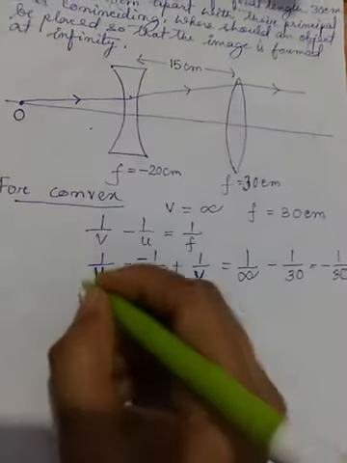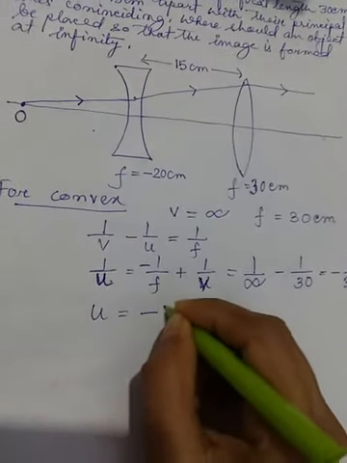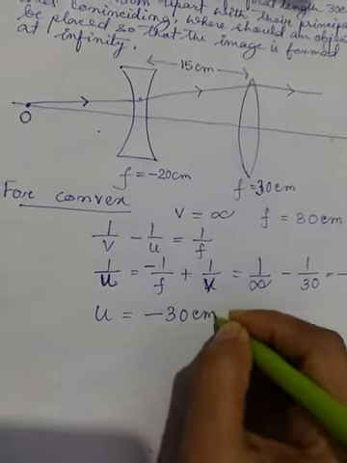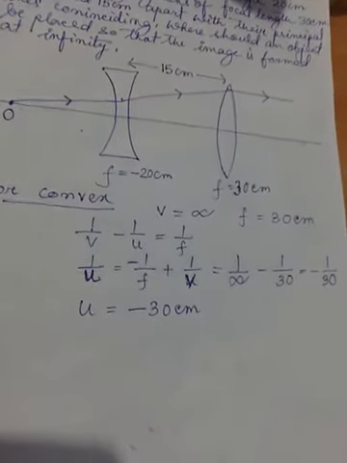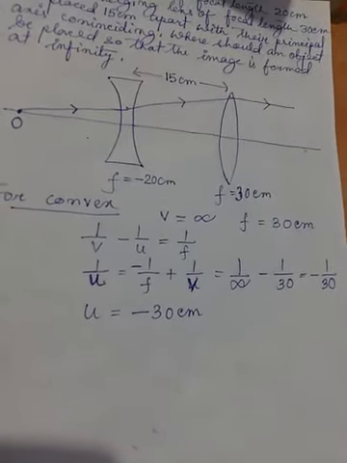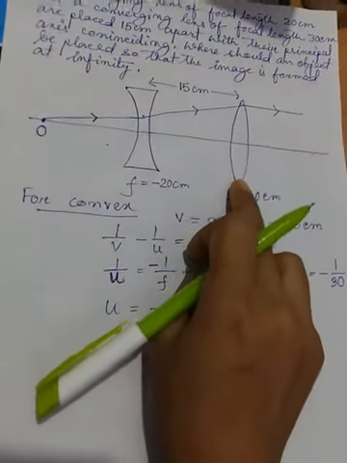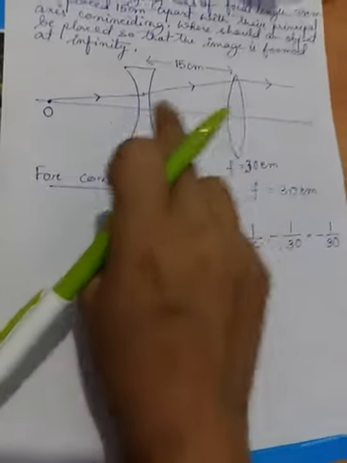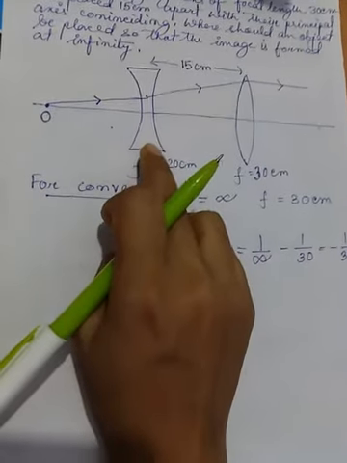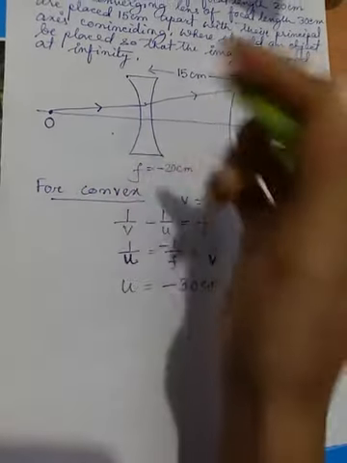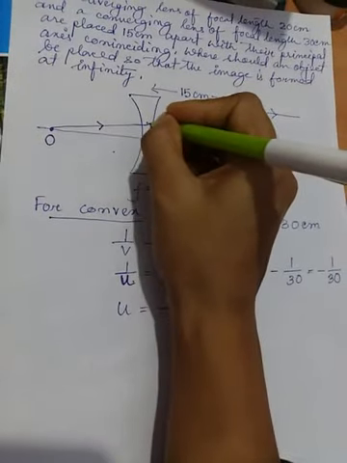Then u equals minus 30. It means u is negative, so the object is present on the left hand side of the convex lens.